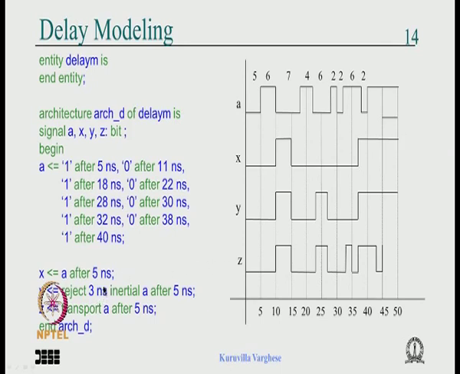And the next one rejects below 3 nanosecond. So you can see Y is exactly like X, but now the 4 appears. Earlier the 4 was rejected because of this 5 nanosecond. So the 4 appears, and the last one is a transport delay. So Z is an exact replica of A with a delay of 5 nanosecond.